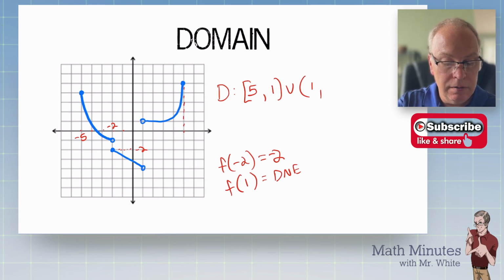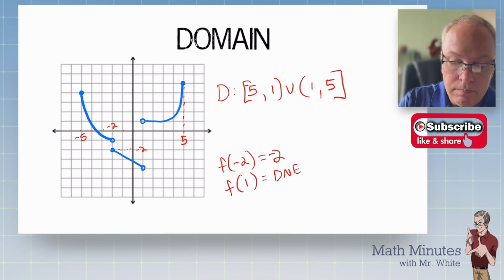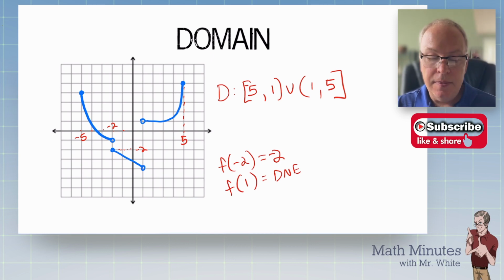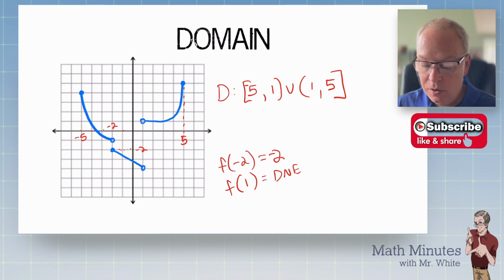Because right here, at 1, 2, 3, 4, 5 is where it stops then. And it's a closed circle. So I'm going to go ahead and put a bracket there. So from -5 to 1, and then from 1 to 5. There, I had to sneak that negative sign there. Does that make sense? Domain is how far left and how far right the graph exists.